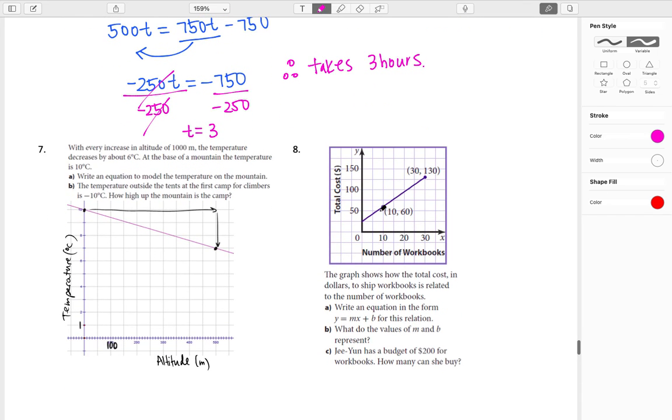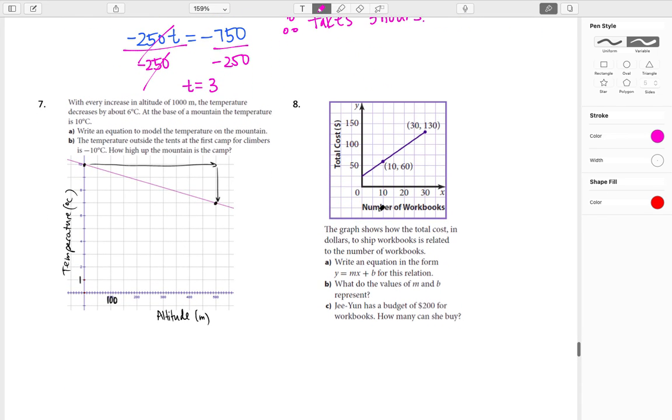Now let's try word problem number 8. The graph here shows how the total cost in dollars to ship workbooks relates to the number of workbooks. Write an equation in the form y equals mx plus b for this relation.